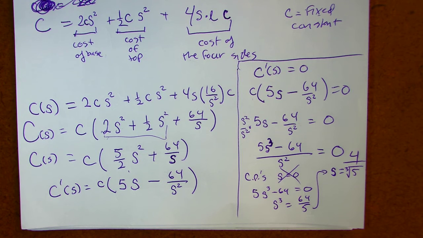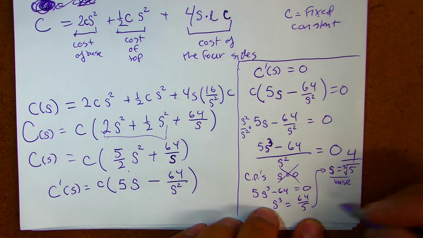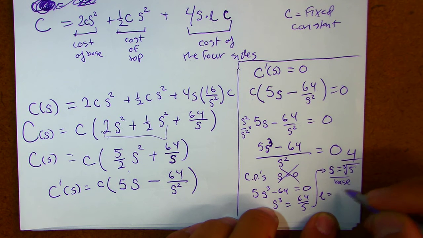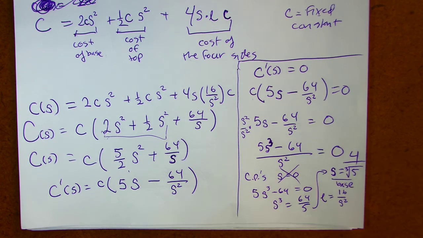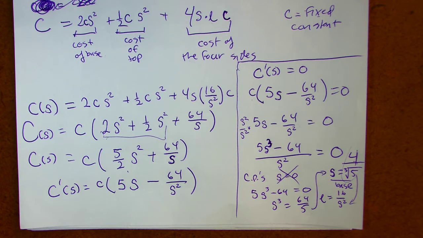So that gives me the dimensions of the base. To get the L, remember that's 16 over S squared. All right. To get something like that, you just plug that in here, but I won't do that here. I'll let you guys finish that problem up.